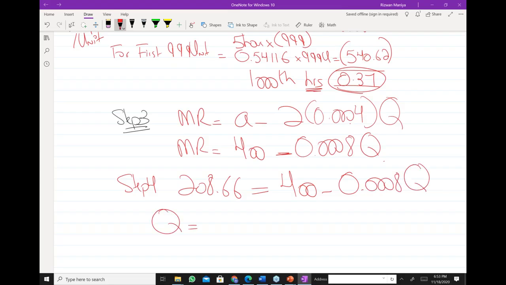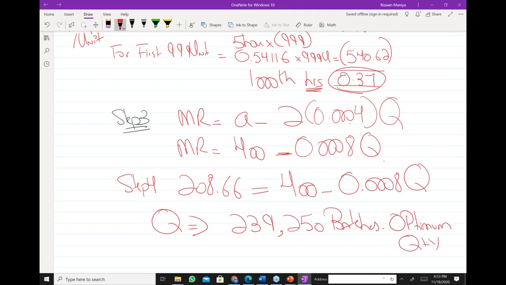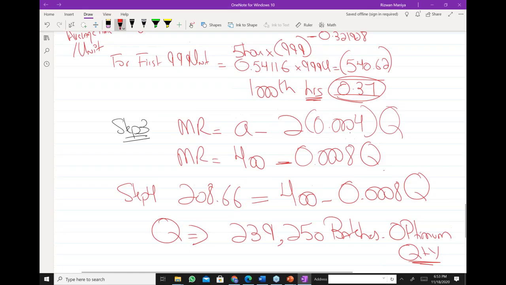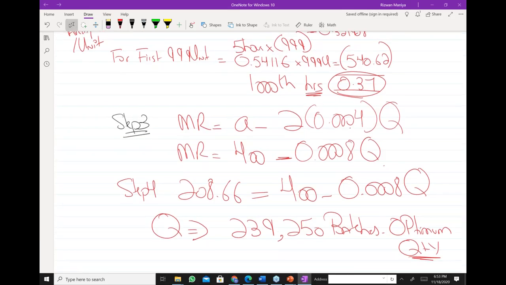So like this, I can work out Q. And what is the value of Q? 239,250. Now this is my optimum quantity. The quantity that will ensure maximization of profit. Okay? Maximization of profit. Everything clear, guys?